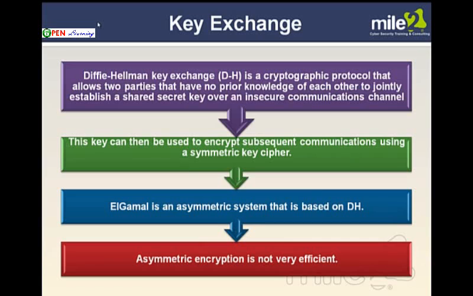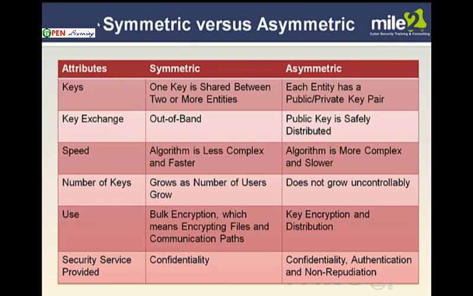Elgamal was based upon the Diffie-Hellman. And again, the asymmetric methods are good for their purpose, to encrypt small amounts of information. And of course, the RSA is quite famous when you think about some of the RSA-based devices.